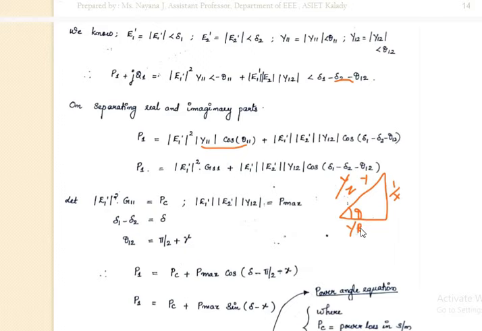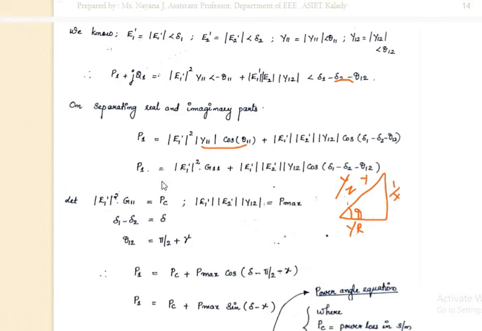And 1 by R means conductance. So G is nothing but conductance. So instead of Y cos theta, I can write it as G. Similarly here. So we have replaced: E1 square into G11 plus E1 into E2 into Y12 cos of delta 1 minus delta 2 minus theta 12.